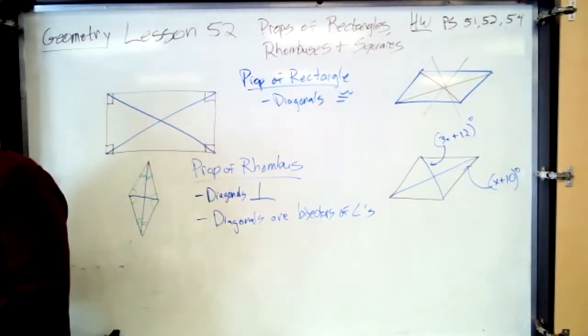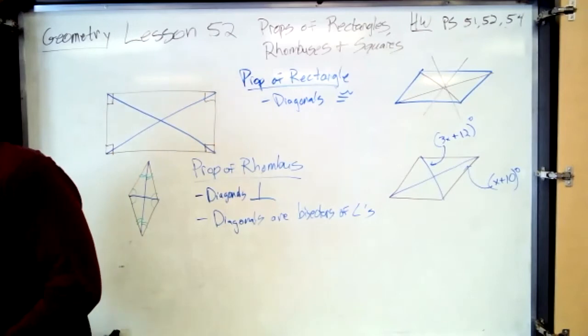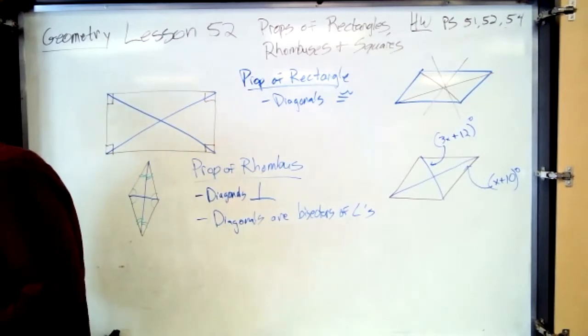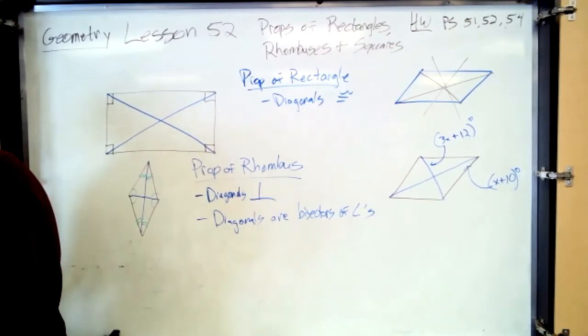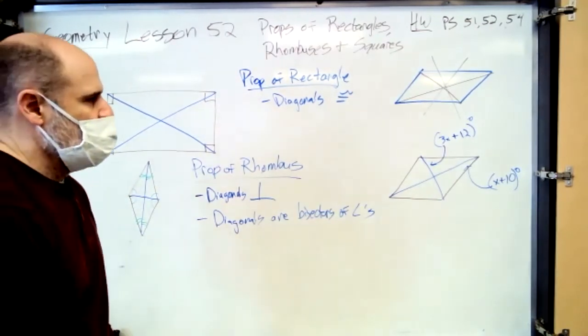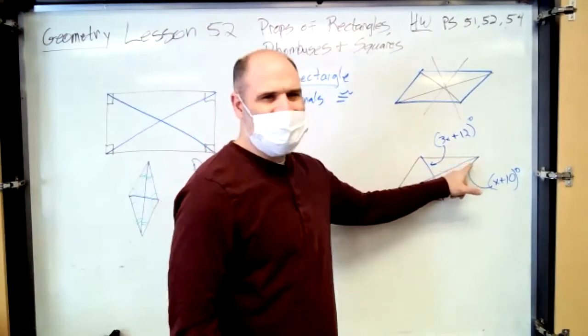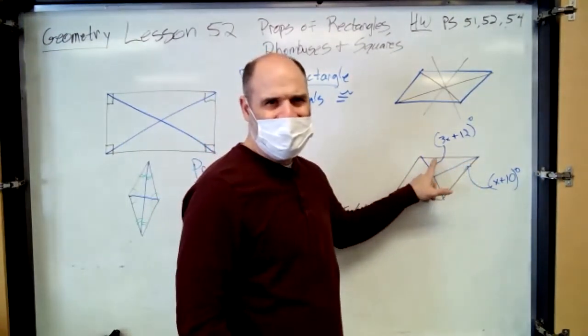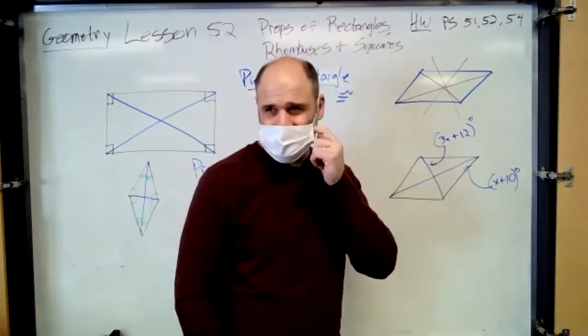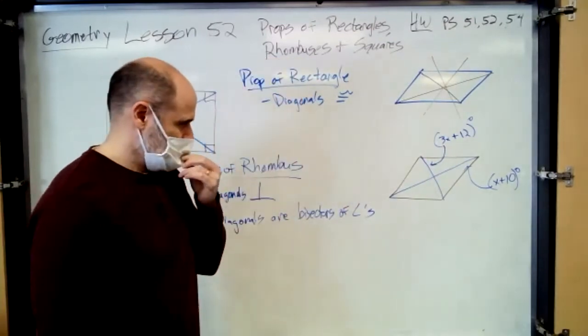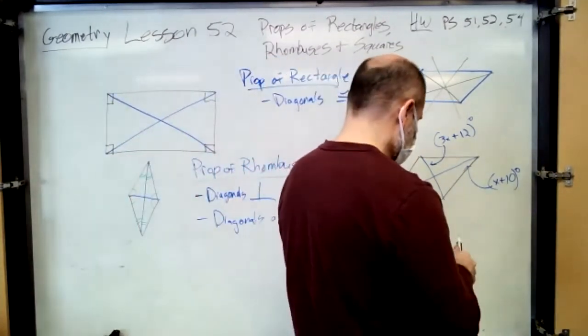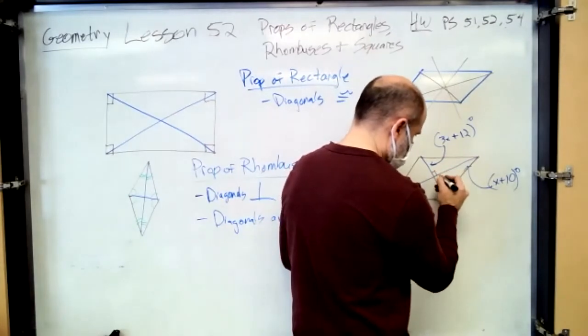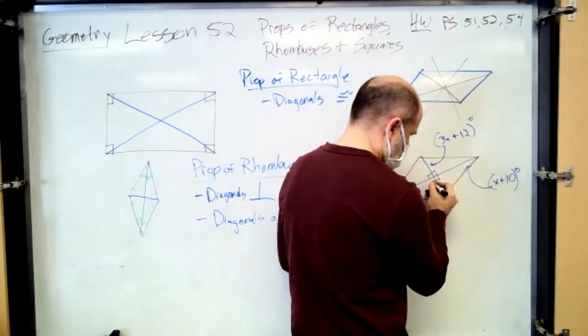So this isn't a property, but you could probably figure it out. Do you think this angle is congruent to this little acute angle? Well, first of all, we can figure out another property because these are perpendicular, right?